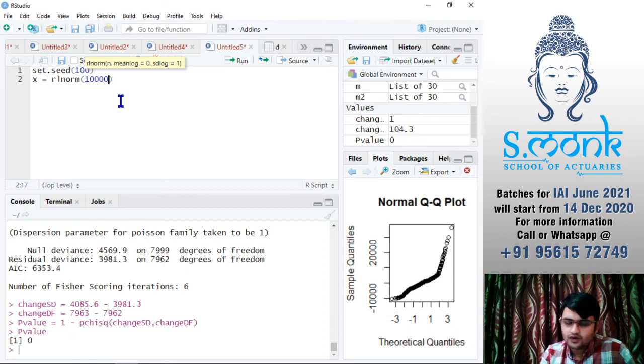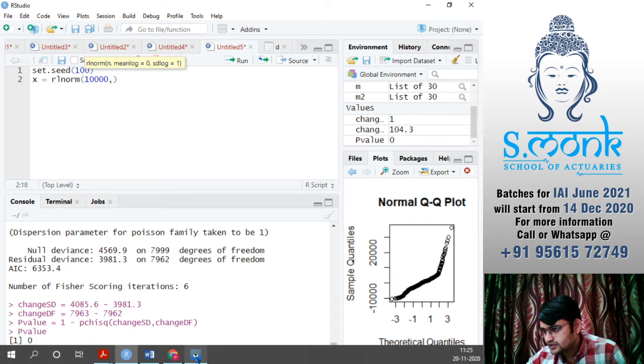Then we want the mean of log normal and the standard deviation of log normal. So it's not log of that value. It's basically the mean of the normal distribution and the standard deviation of the normal distribution.